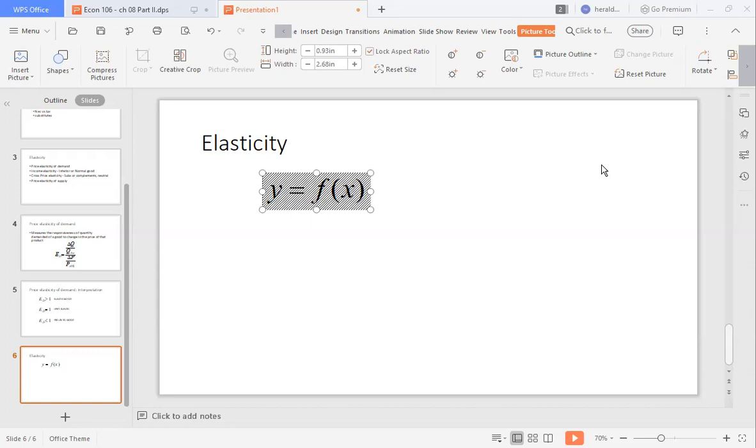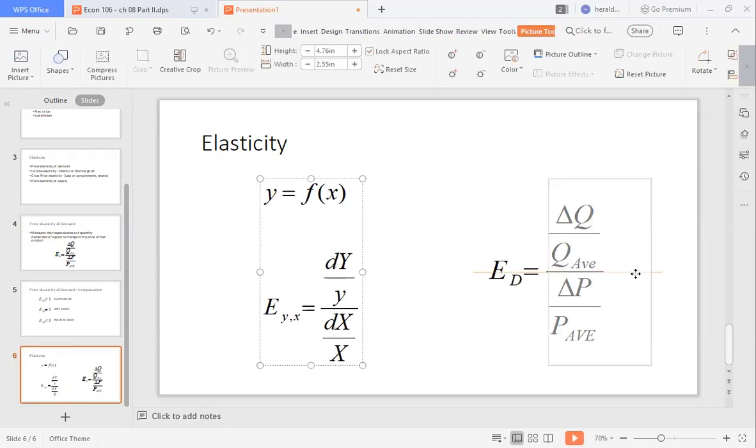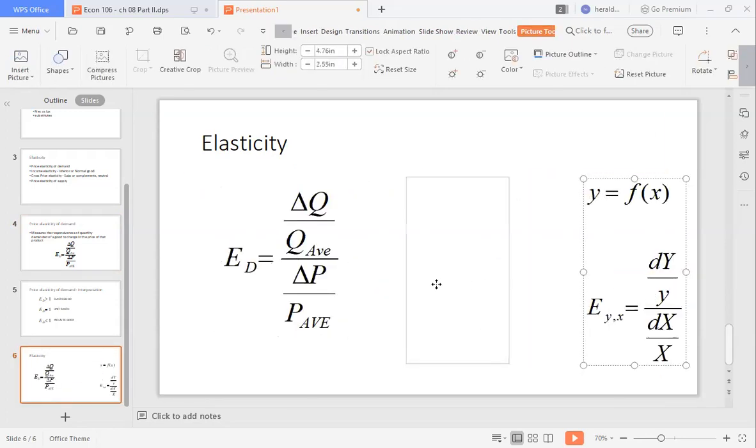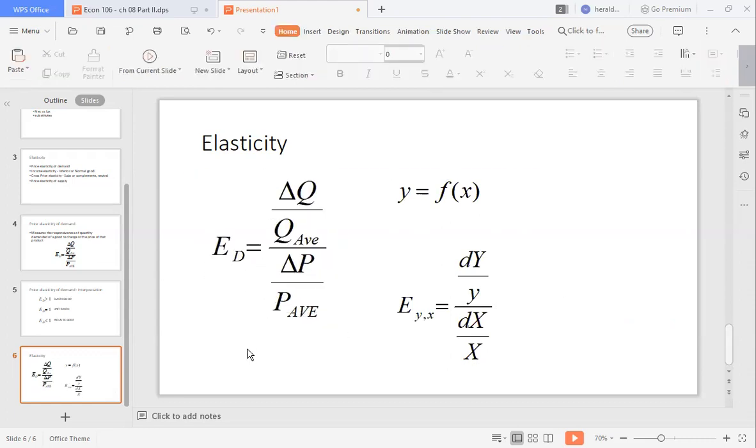Okay, so from the midpoint formula for elasticity, that is the percentage change of Q over the percentage change in price.